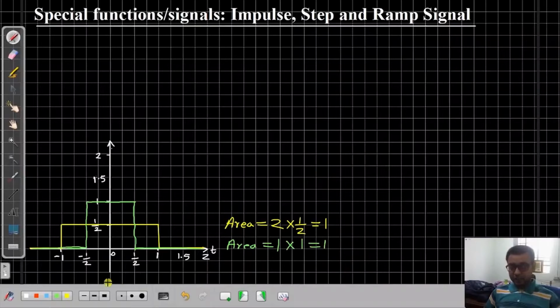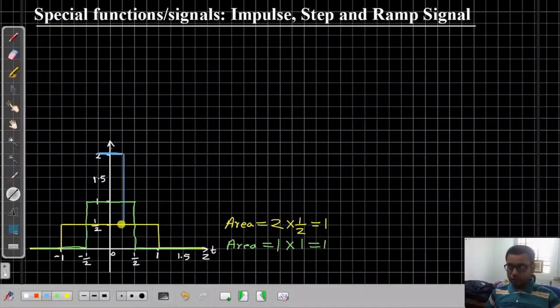Next, I shall draw another curve which is even taller, whose value is equal to 2, but it is narrower than the previous two curves.